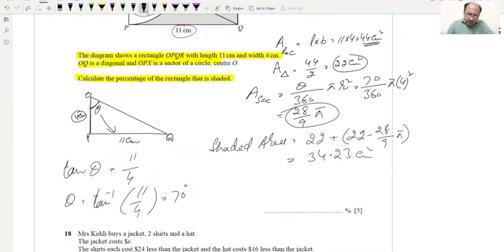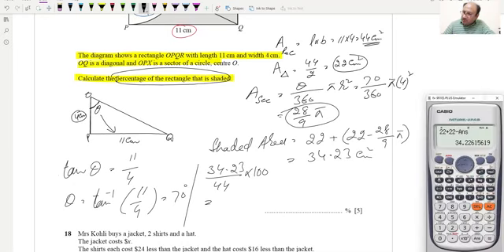But now we have to find the percentage of the rectangle that is shaded. The total area we know is 44, and 34.23 is shaded, so divided by 44 and multiplied by 100, this will give us the percentage of the shaded area.